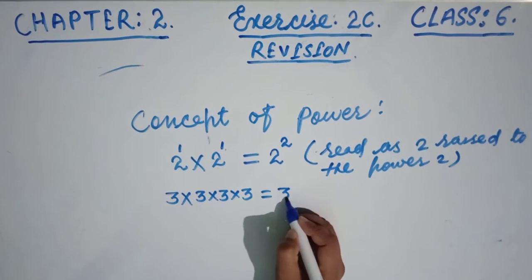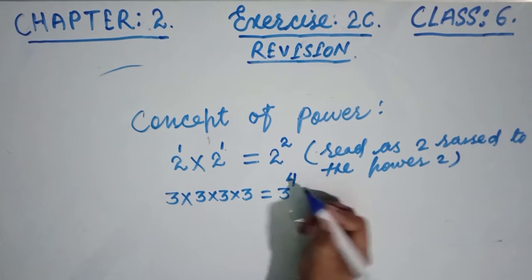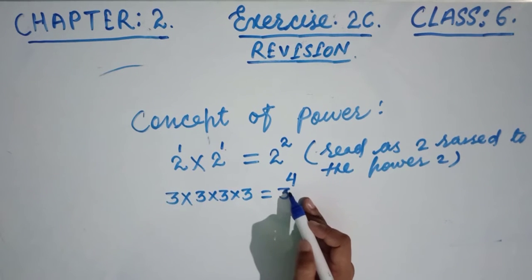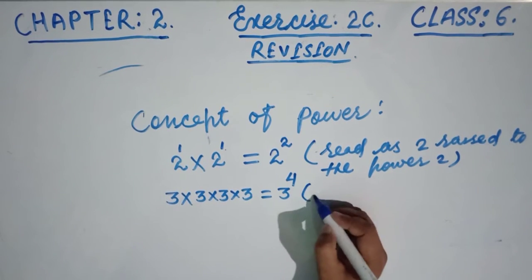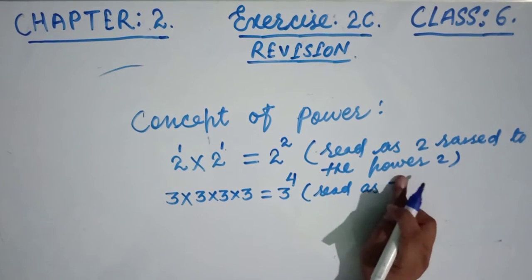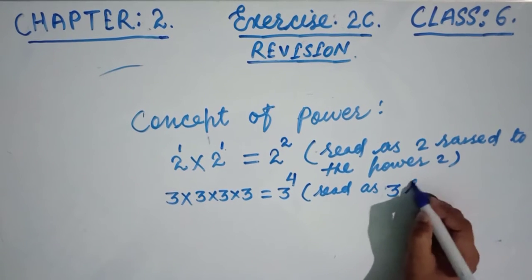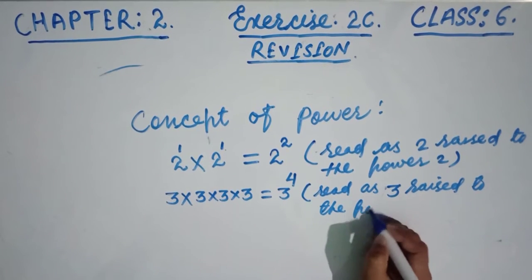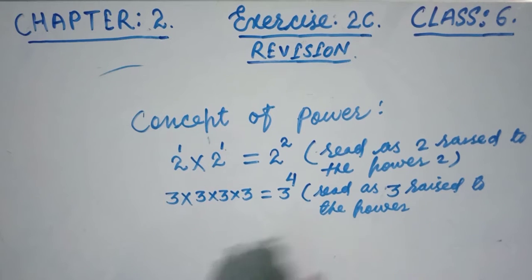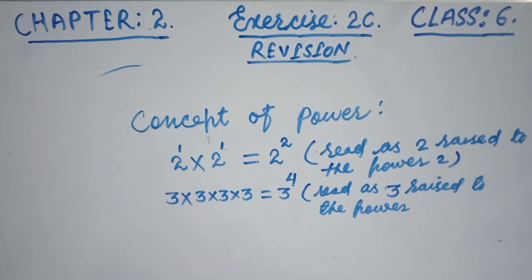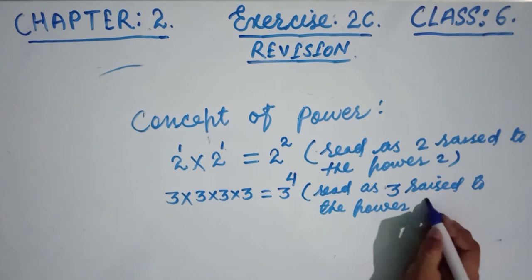So write the same number once, and write how many times it is multiplied over its head. This is read as 3 raised to the power 4.